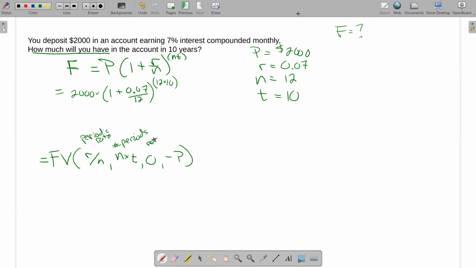We're making a single investment here. And then this is the initial amount or principal. And I'm putting it as a negative because negative is in the past for the future value. So let's try those on the spreadsheet.